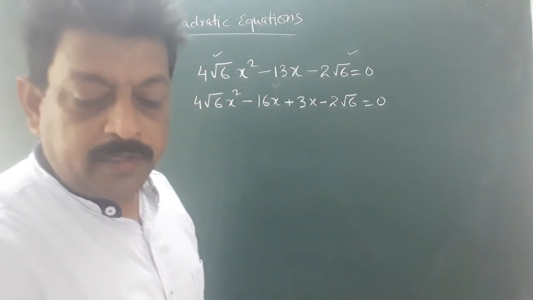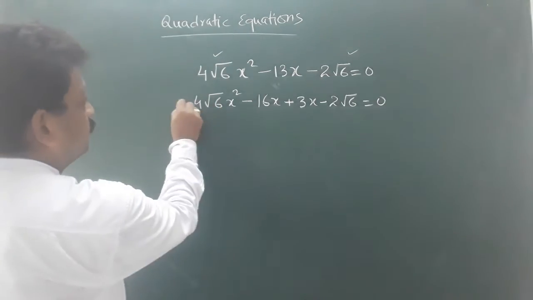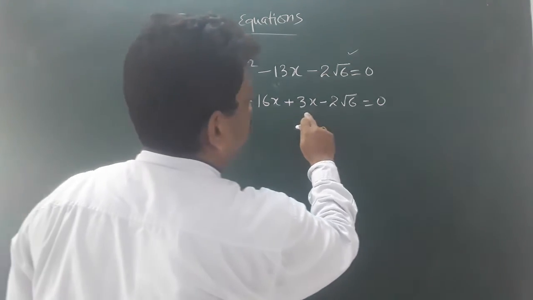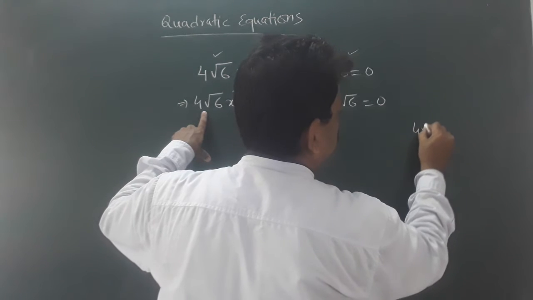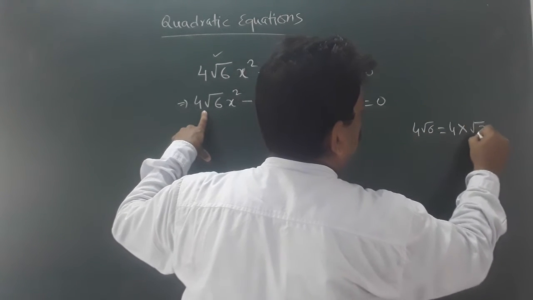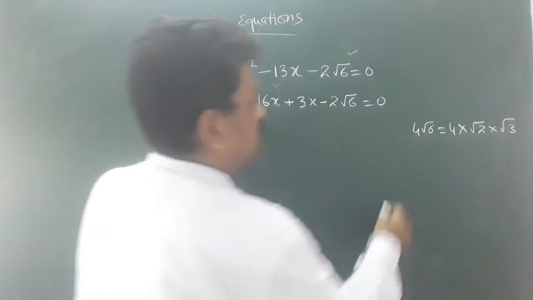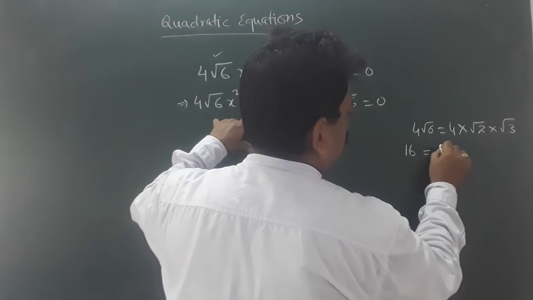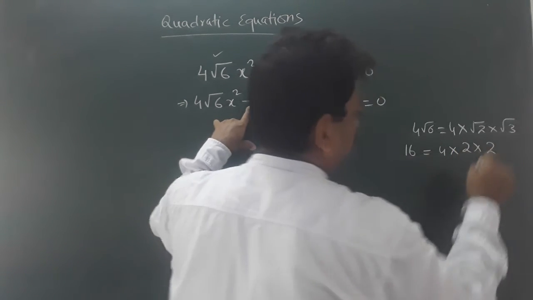So the splitting of the middle term is over. Now we have to take common from the first two and the next two terms. So 4 root 6 can be written as 4 multiplied with root 2 multiplied with root 3, and 16 can be written as 4 multiplied with 2 multiplied with 2.